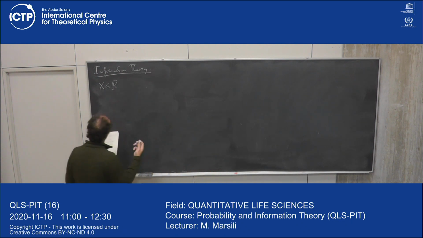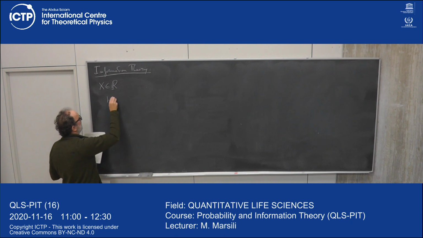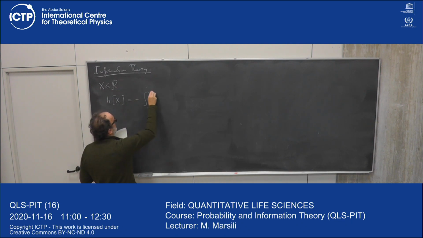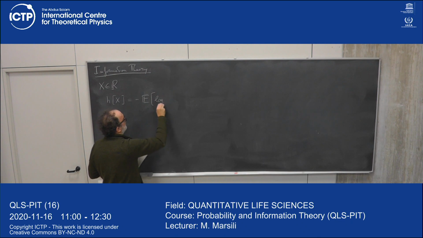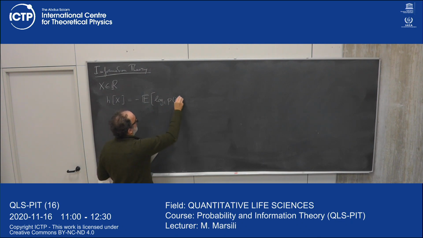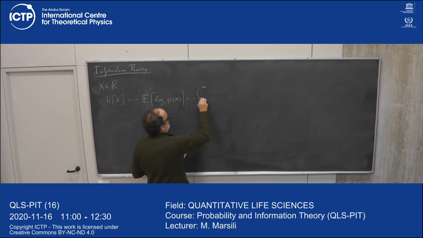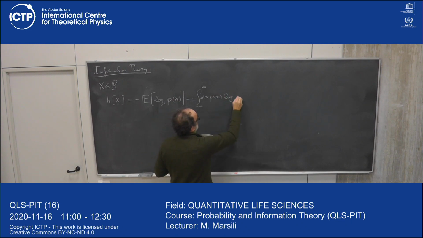What you can think of is to write down an analog of the entropy, which is essentially, again, minus the expected value of log base 2 of P of x. And now P of x is the PDF. So this is minus the integral from minus infinity to infinity dx P of x log 2 P of x.